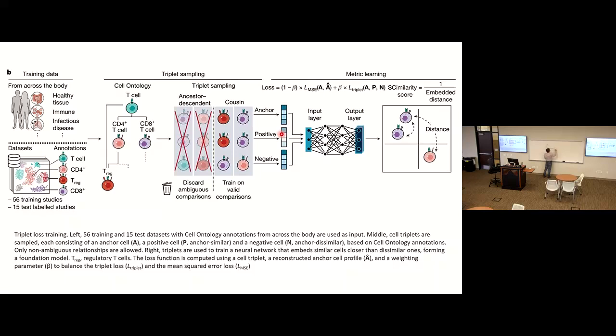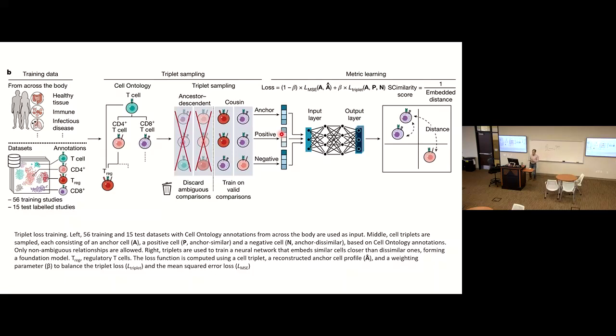So this is vectorized. So 1 by 128. You give another cell, this is cell X, cell Y, you get another vector.